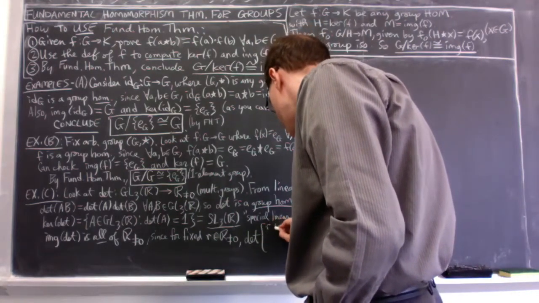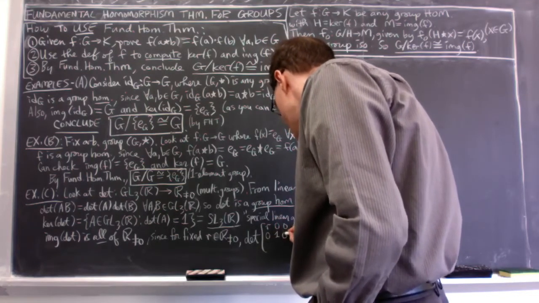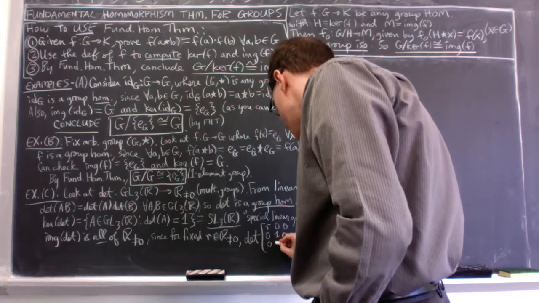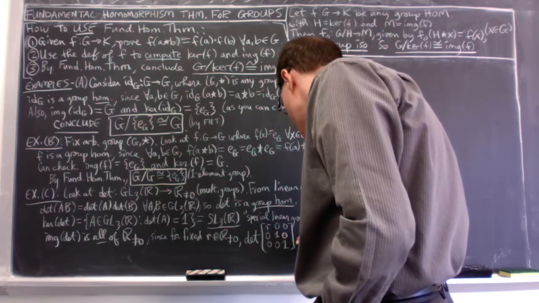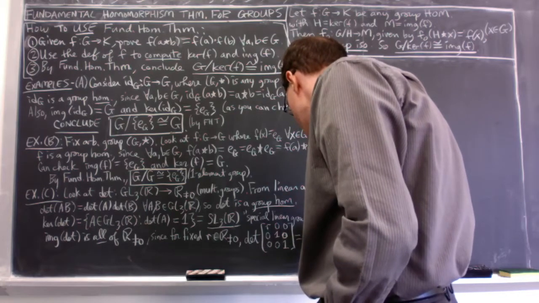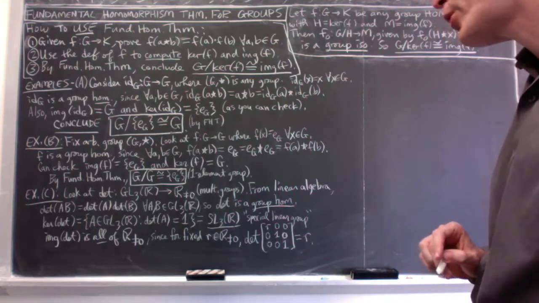You could use just a diagonal matrix with r in the 1,1 position, and then 1s on the diagonal after that, which is certainly invertible. It's diagonal, and the determinant is r. All right?